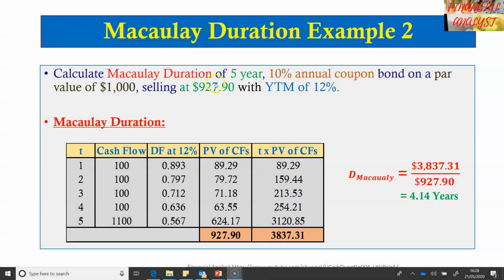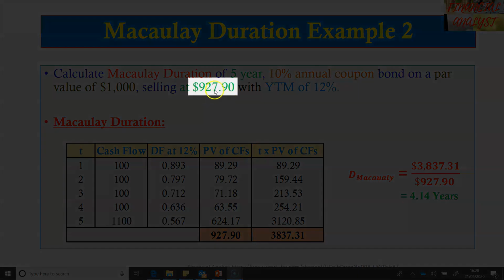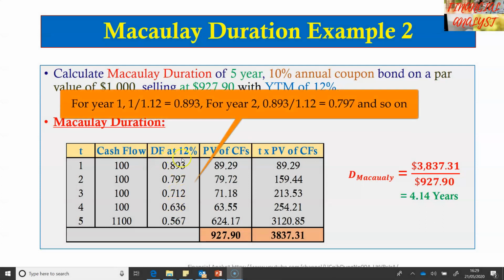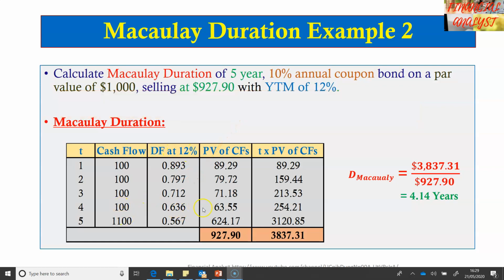In the second example here, we are calculating Macaulay duration for a bond that is selling at a discount from par value, that is at a price of 927.90, and the YTM is equal to 12%. Now here we have just adjusted the present value discount factor from 10% to 12%, the remaining entries are the same.